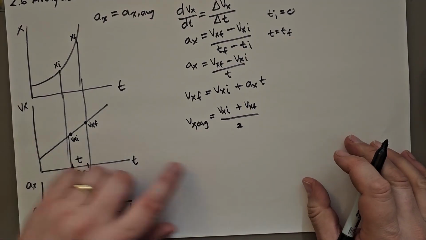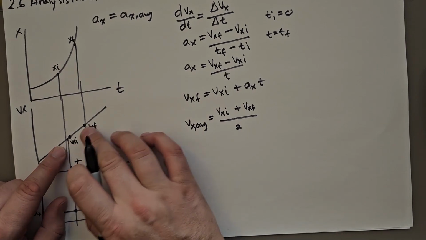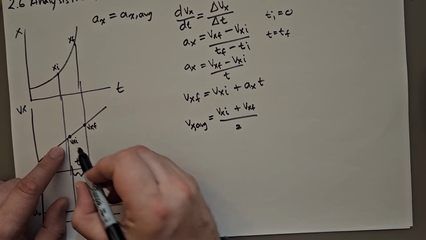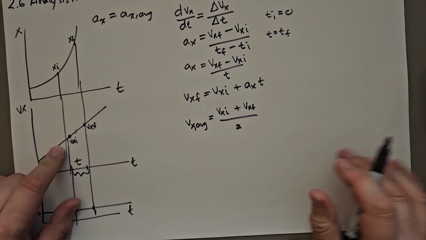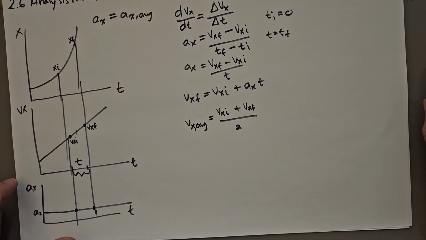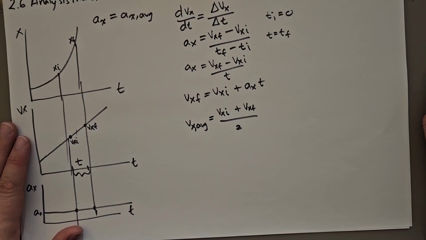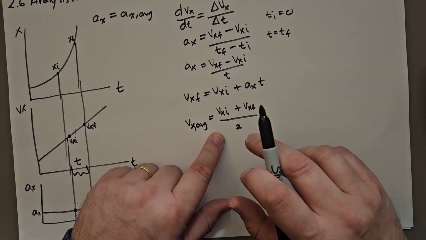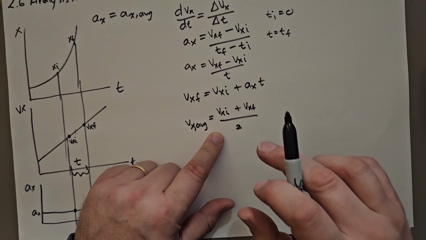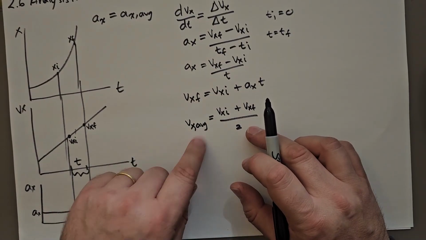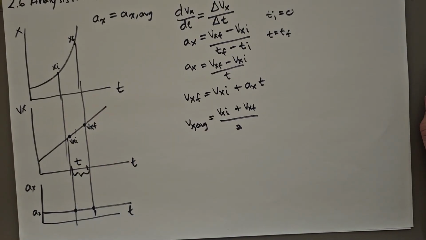We're taking the average of the two velocities. So we say, what's the average velocity between these 2 points? We just take the average. We look in between those 2 points, and that gives us the average velocity. And again, this is only for constant acceleration. If the acceleration is not constant, then this is not necessarily true.